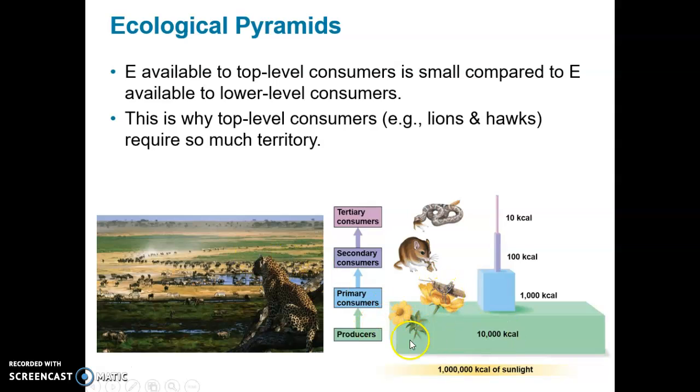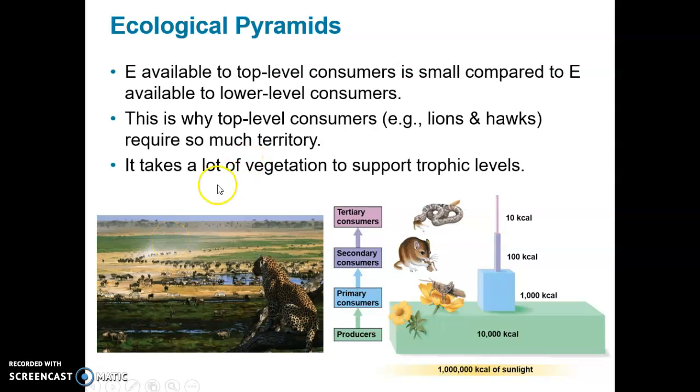So this ecological pyramid shows that there's a lot of producers, a fair number of primary consumers, fewer secondary consumers, and relatively few tertiary consumers in a normal, healthy, functioning ecosystem. So it takes a lot of vegetation to support the subsequent trophic levels.